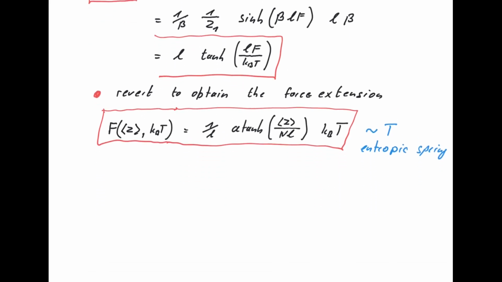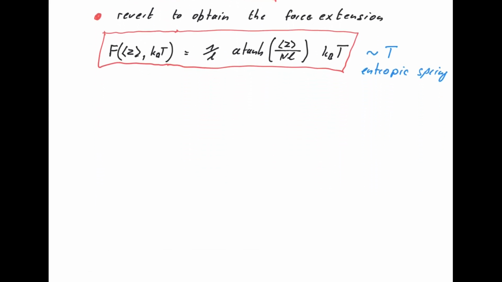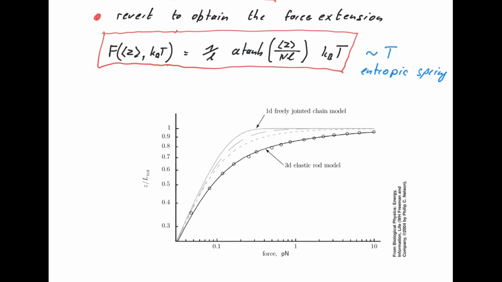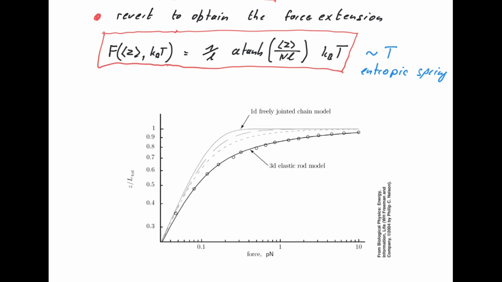Now, what we just derived is an expression, or a prediction, of these force extension curves in a more realistic, or let's say microscopic, view. Yet if we plot the results of our expression that we just derived in relation to the data, we see that this 1D freely jointed chain model does not explain the data.